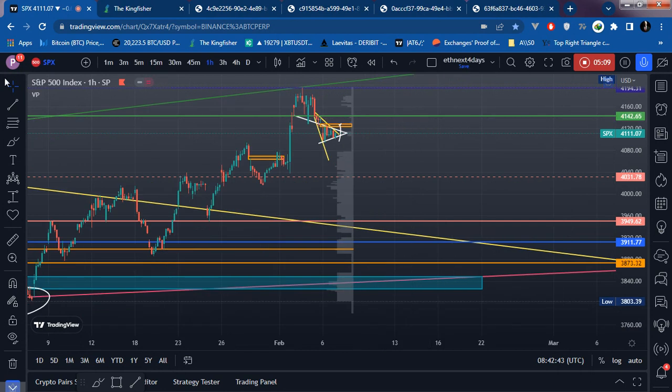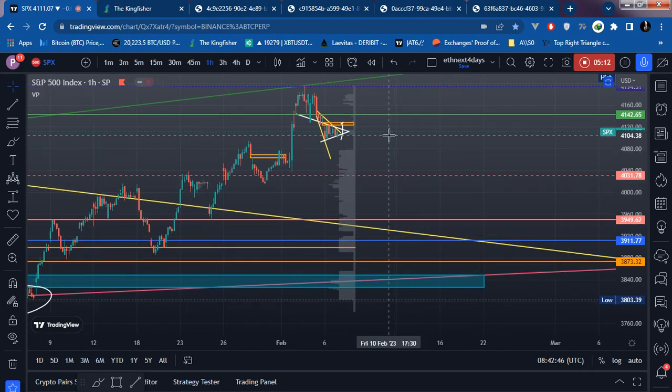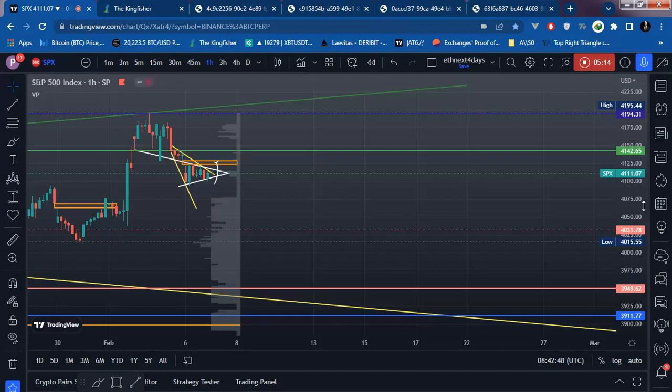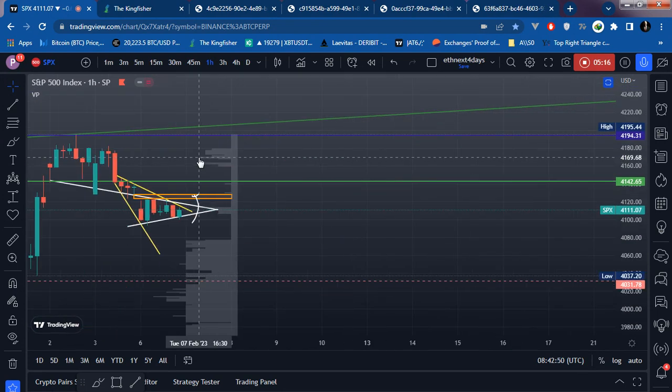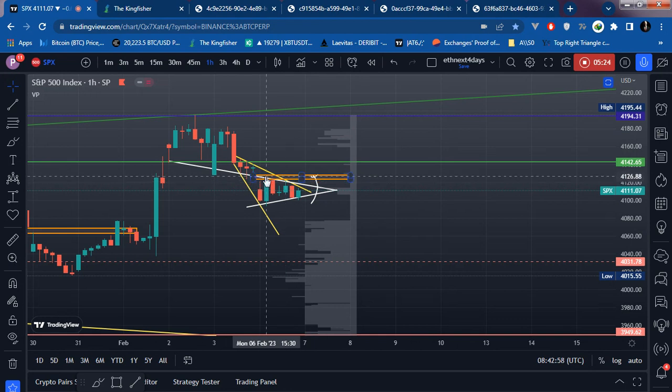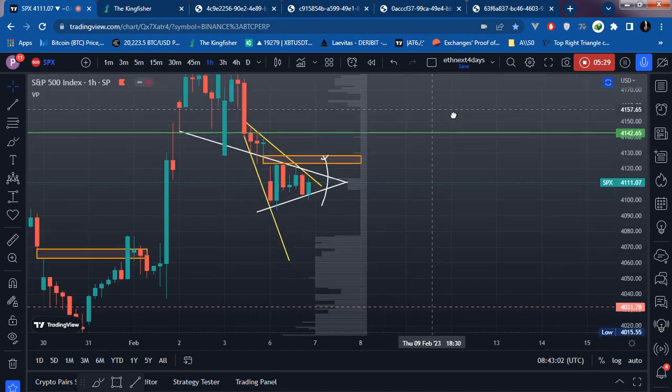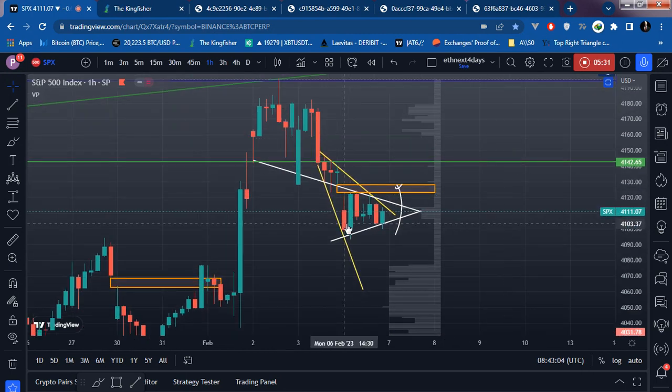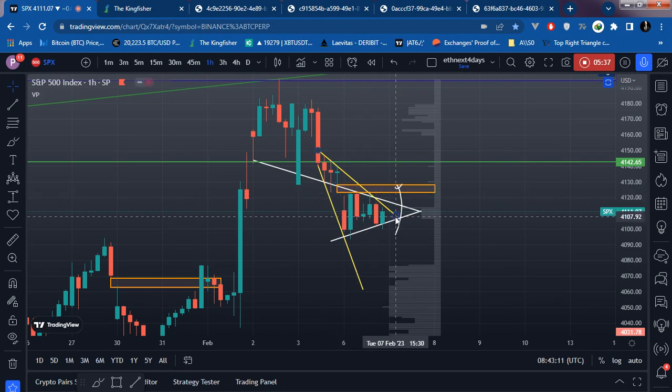All right, now SPX, this week when we started the week, and this is a 1 hour time frame, we had a CME gap. I'm sorry, my mind just froze for a second. So we had a CME gap here and it did not fill it. If you look at it, we started here. This is yesterday's candle. We tried to fill it, but then we got rejected and then we went back.